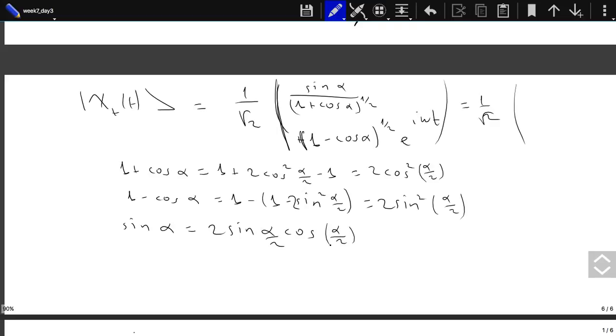Cosine alpha over 2, they just cancel, and I have a 2 in the numerator and the square root of 2 from the denominator, so I get the square root of 2 and sine alpha over 2. Whereas in the second term I have, 1 minus cosine alpha is the square root of 2. No, there's a sign mistake, it should be the square root of 2 cosine alpha over 2, e to the power i omega t.